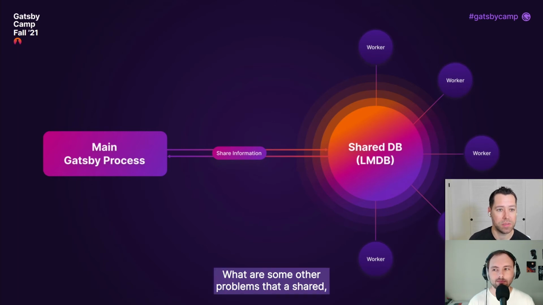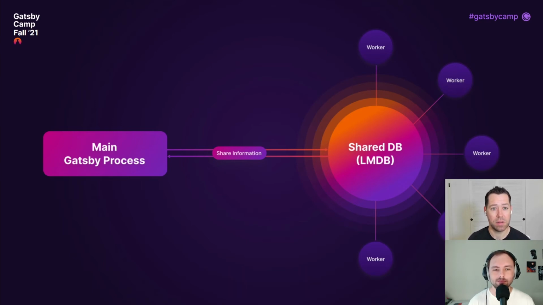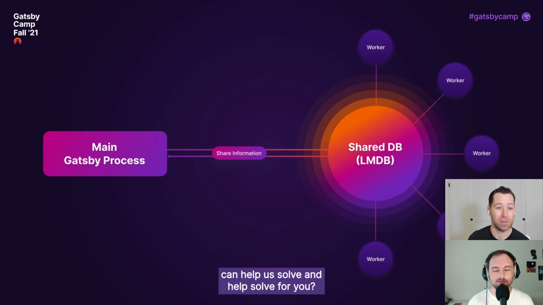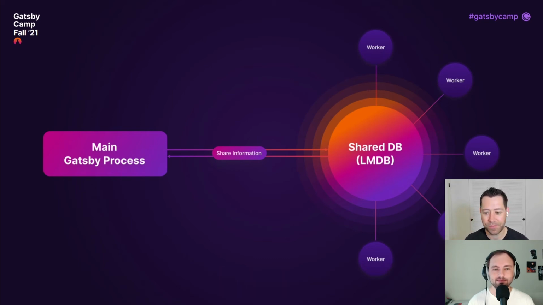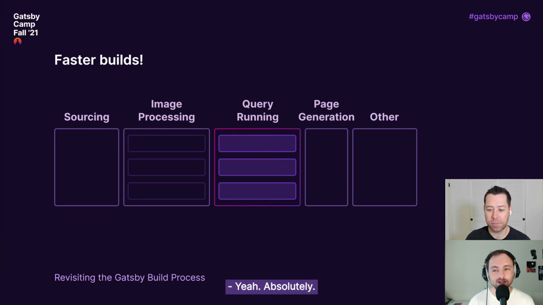What are some other problems that a shared, persisted, portable data store can help us solve for you? These are the things we're starting to explore next. So while we're delivering this right now, this has spawned additional ideas and ways that we can solve some other long-standing problems. So be thinking about that and share your ideas back with us if something really piques your interest. Yeah, absolutely.